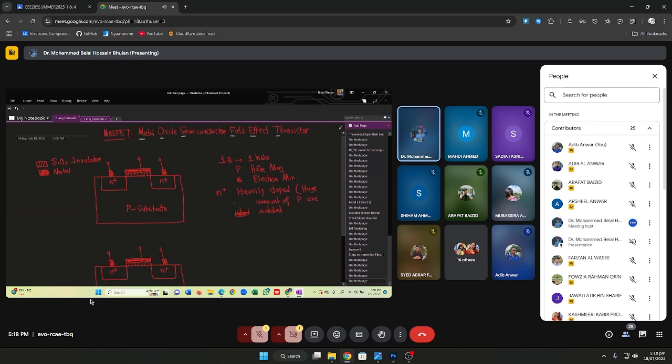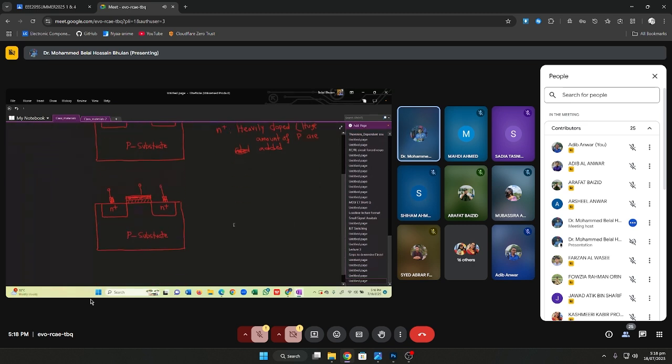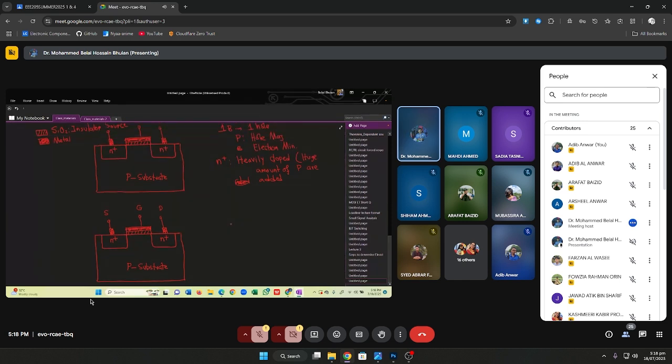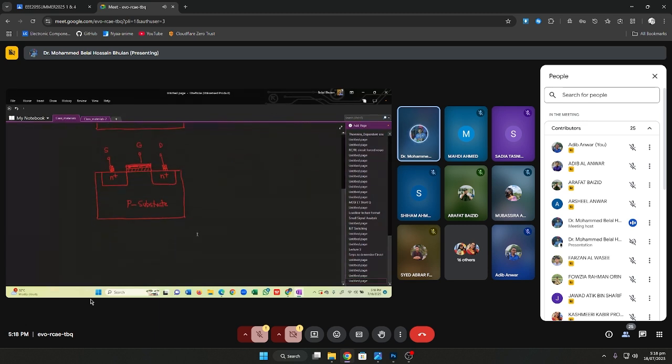One of them is called gate, this one is called source, and this one is called drain. In short, we call it gate, source, and drain. Okay. And in that case, since it is P type, there are plenty of holes as majority carriers.